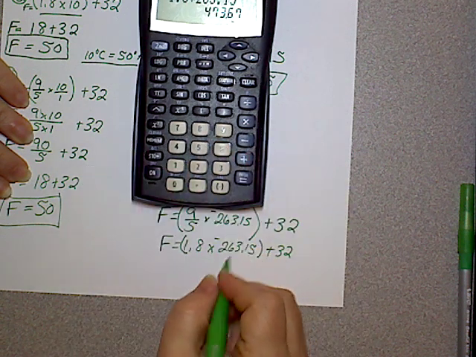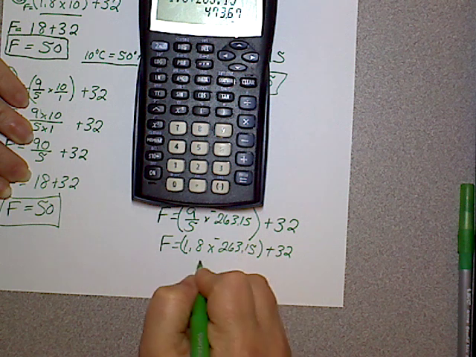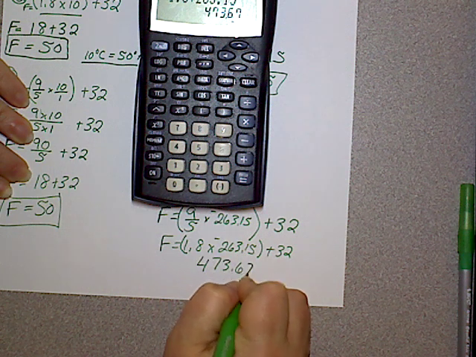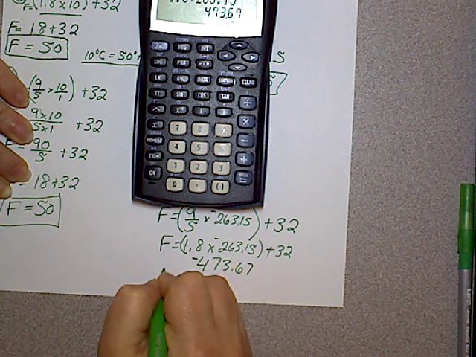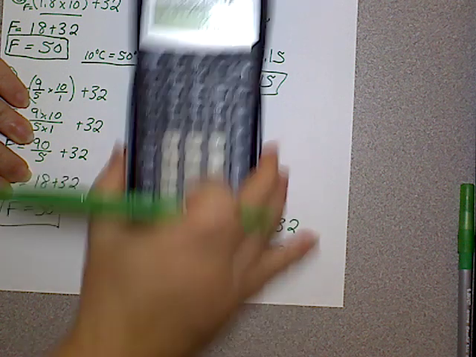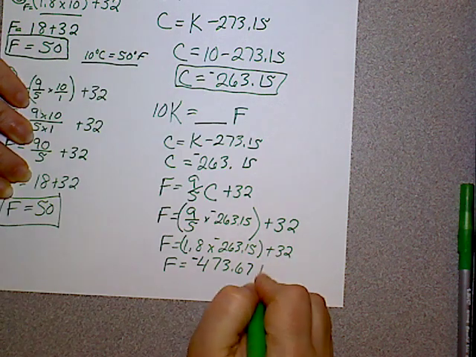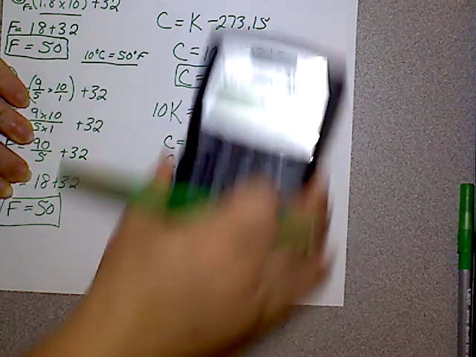So 1.8 times 263.15, we have 473.67, and it's negative because this was negative. Okay, plus 32.